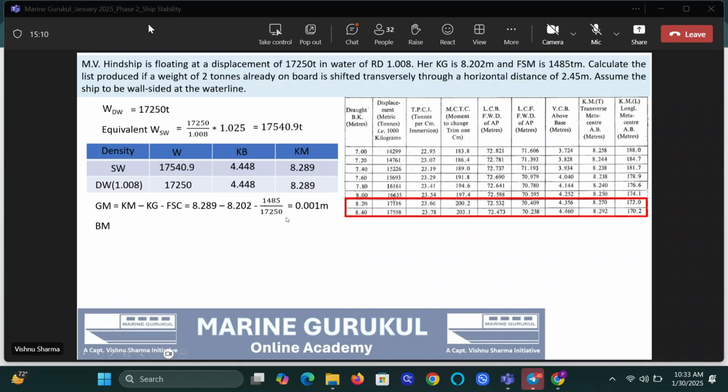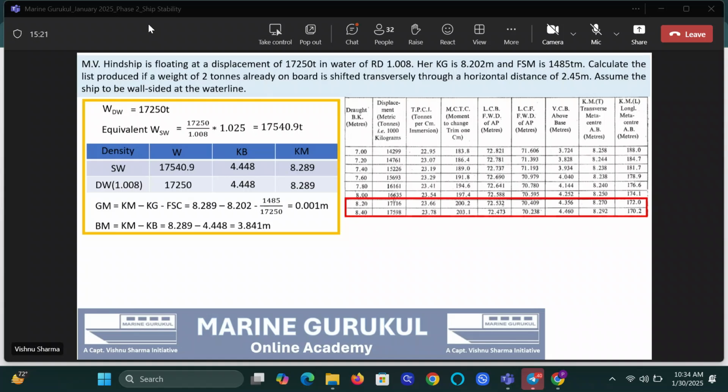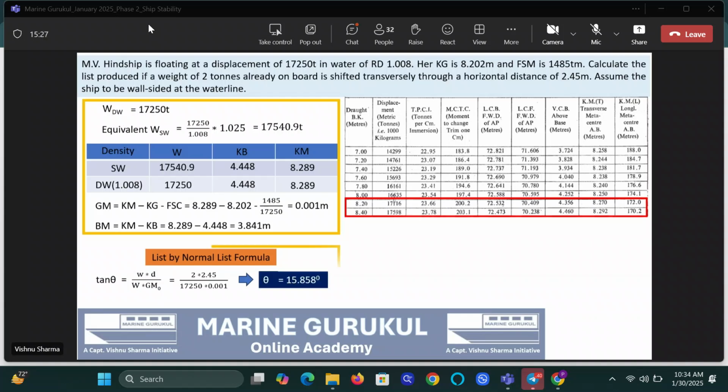Yes, sir, 0.001. And GM is 3.841. And now, first I'll calculate the list using the normal list formula, tan theta. I get a list of almost 16 degrees.